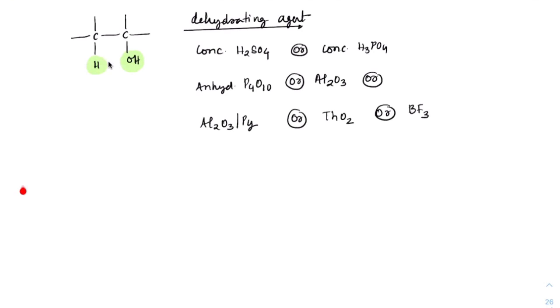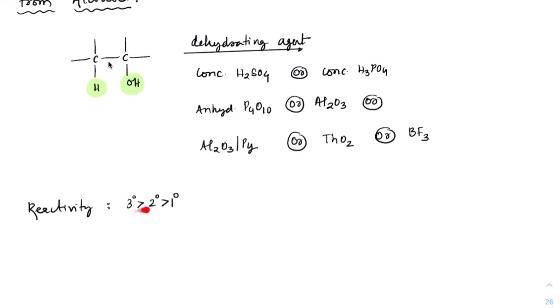Now see the reactivity. When it comes to reactivity, it is tertiary greater than secondary greater than primary. Which means a third degree alcohol, if it is there, is easy to remove as compared to second degree or first degree.